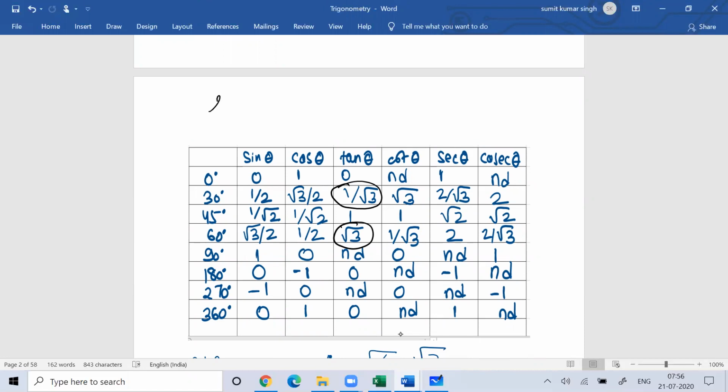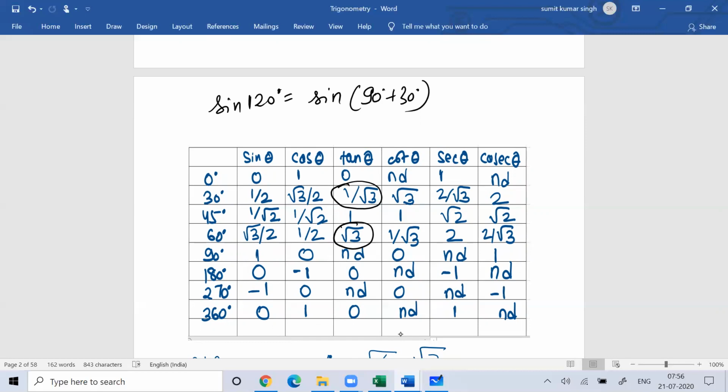So if I ask you what is the value of sine 120 degree, you'll write sine 120 degree as sine of 90 plus 30 degree. Now you have to understand that whenever you write the angle in this form, you have to understand a few things.